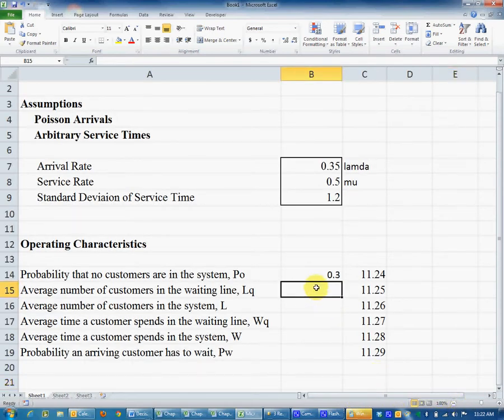All right, equation 2, 11-25. I'll do that one for you, and then I'll let you tell me the one after it.